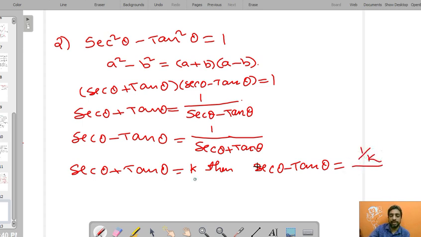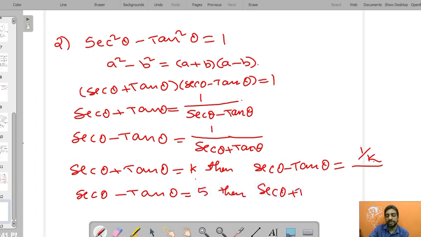If it is p, this is 1 by p. If it is 2, it is 1 by 2. In the same way, they ask if secant theta minus tan theta is equal to 5, then secant theta plus tan theta is equal to 1 by 5. Very simple.